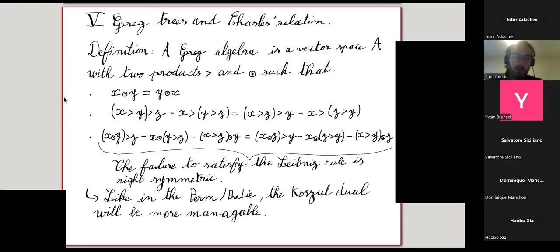Paul? Yeah. Paul, excuse me, it is Dominique here. May I make a stupid comment? Because you work with right algebras, I guess your signs, like triangles or greater than, they should point toward the left. Ah, yeah. You know what I mean? Because when I see your Leibniz rule, it's more or less your z acting on x and y.